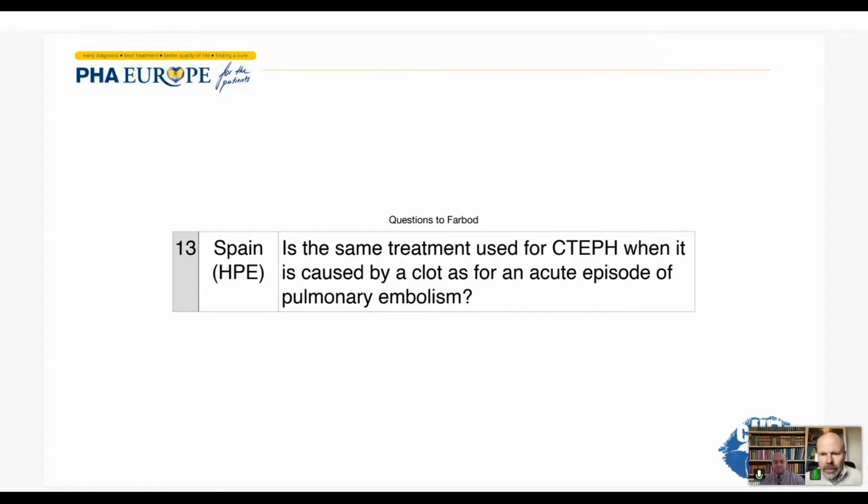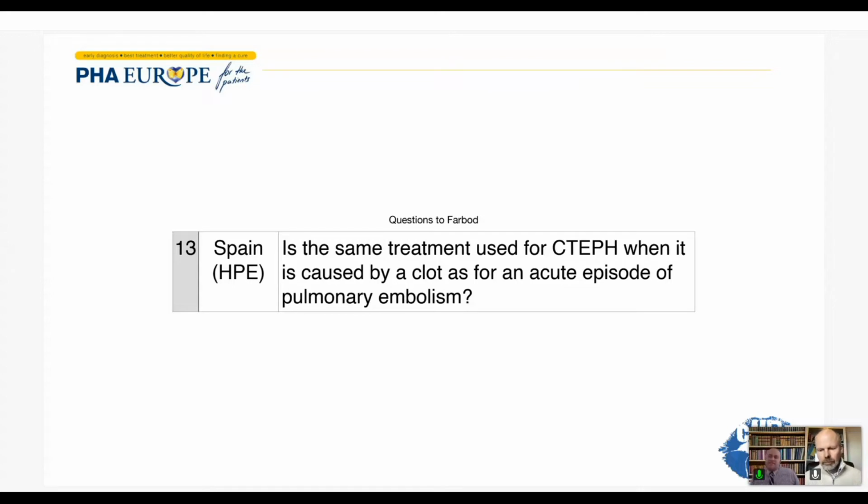Is the same treatment used for CTEPH when it is caused by a clot as for an acute episode of pulmonary embolism? This one I had a little trouble understanding, but if I understand the question, in terms of blood thinners, yes.